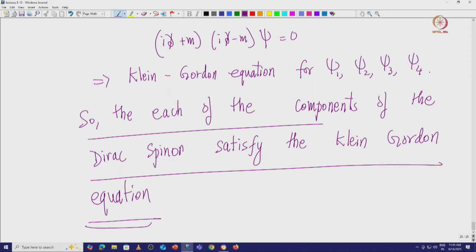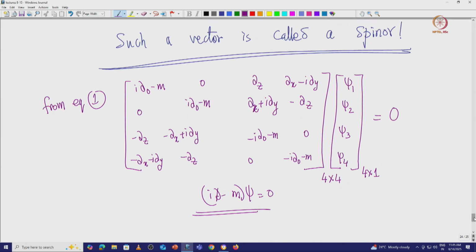Each part of the solution satisfies the Klein-Gordon equation. I told you that these special vectors are called spinors, and each of the components of the spinors satisfy the Klein-Gordon equation. So the Klein-Gordon equation is not going anywhere.